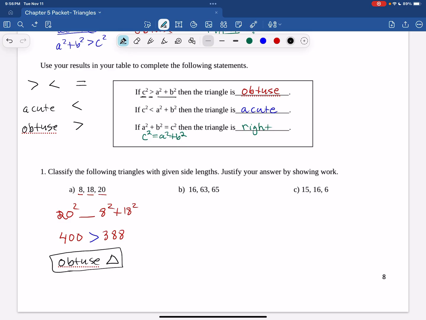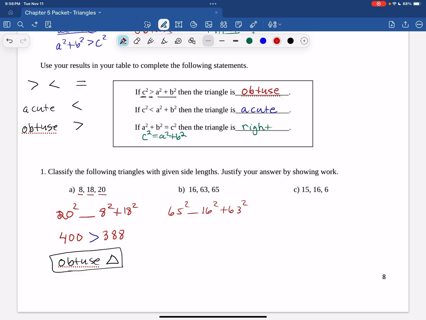All right, I want you to pause the video and try B and C. All right, so let's see. Hopefully you've already finished these and you're just checking. So you should have compared 65 squared to 16 squared plus 63 squared.